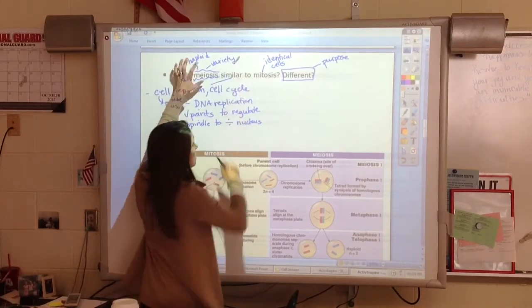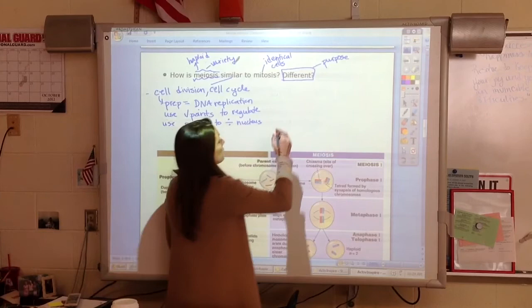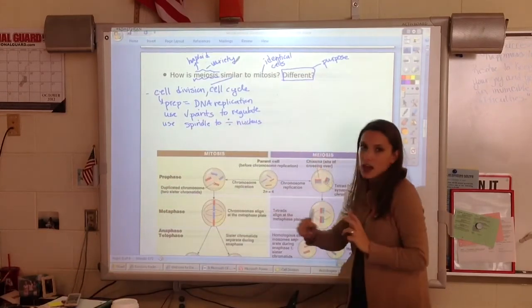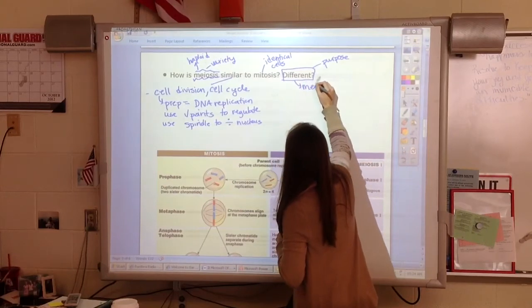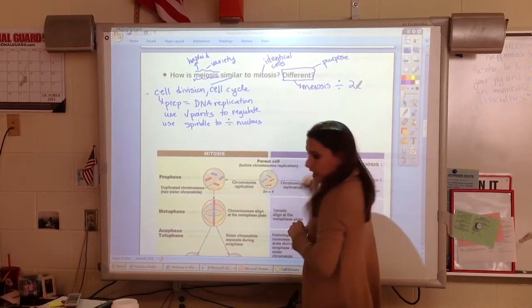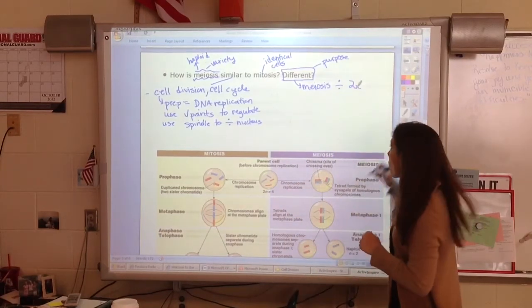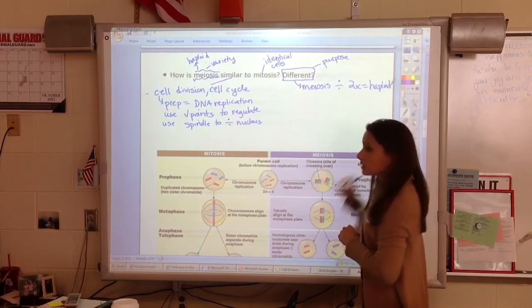So the differences will all come from the purpose. The differences are going to lie in the fact that meiosis divides twice. And the reason that it divides twice is really to create those haploid cells.